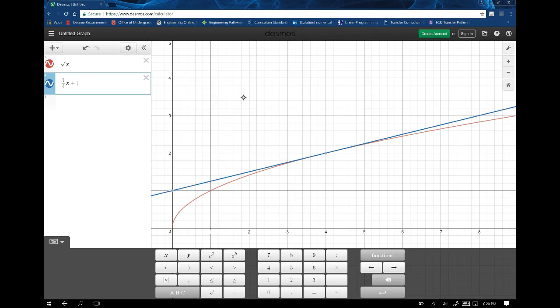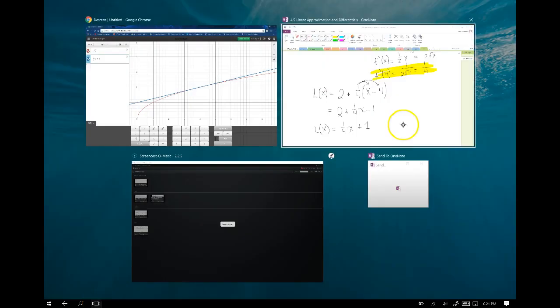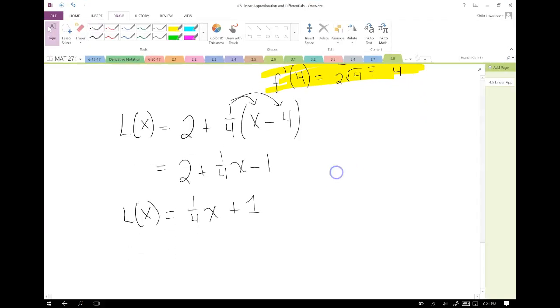Some functions we can move really far away from our value, and some functions we can't move very far at all. It just depends how quickly that function is changing. So we've got a linear approximation for f of x equals the square root of x at 4.